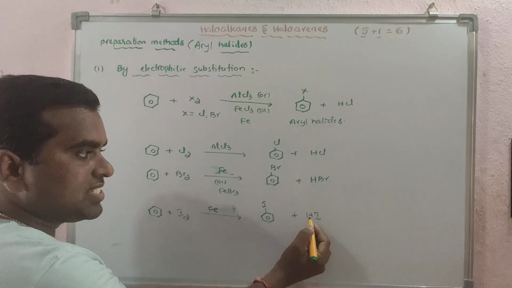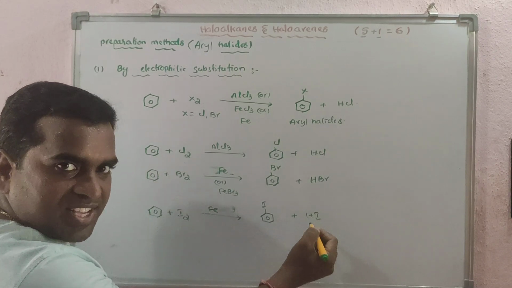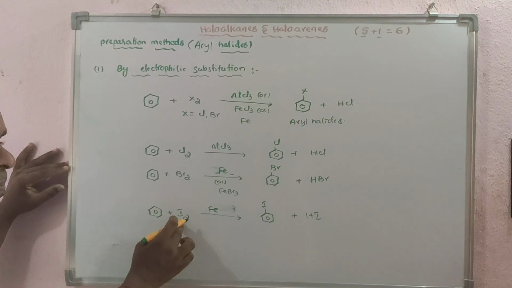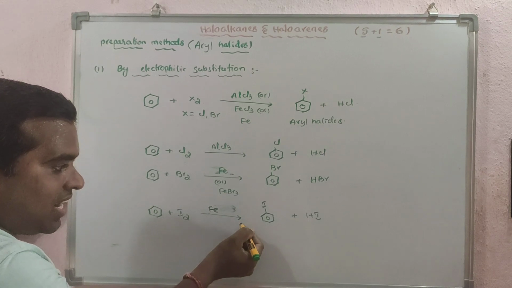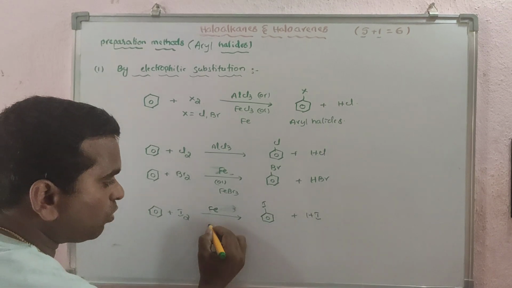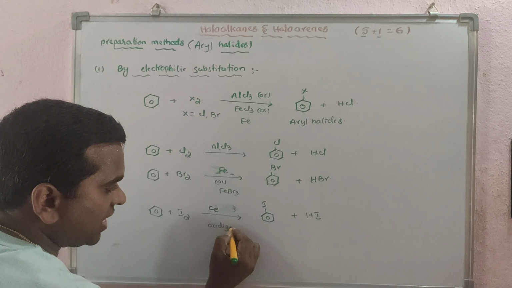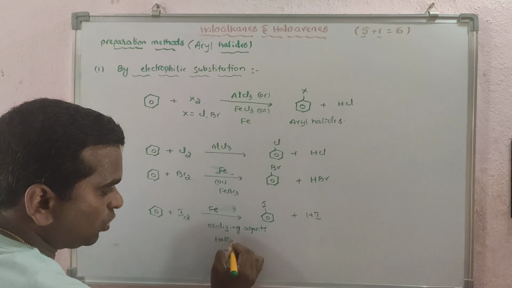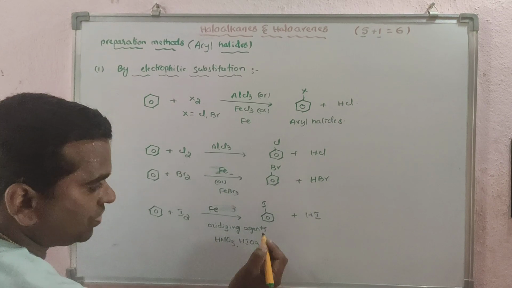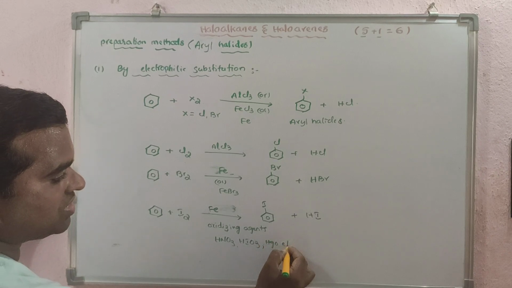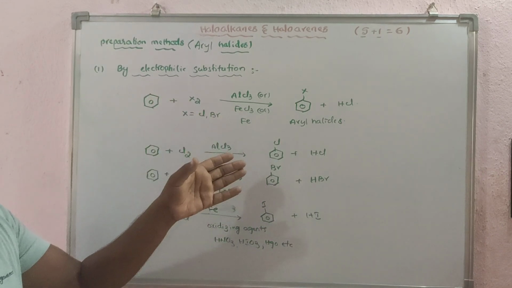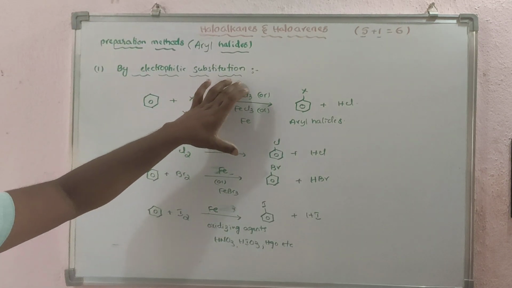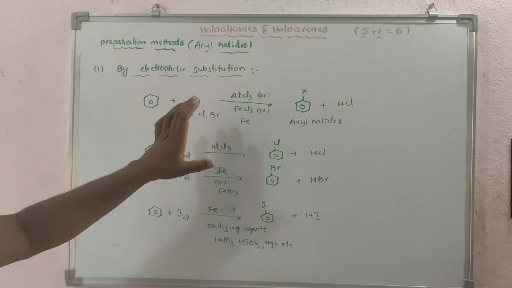We have discussed previously that HI is a powerful reducing agent, so it reduces iodobenzene back into benzene plus iodine. That's why this reaction becomes reversible, so you have to use oxidizing agents, as we have already discussed, like HNO3 and HIO3 or HgO, etc. This is how to prepare aryl halides from the electrophilic substitution reaction on benzene with halogens.